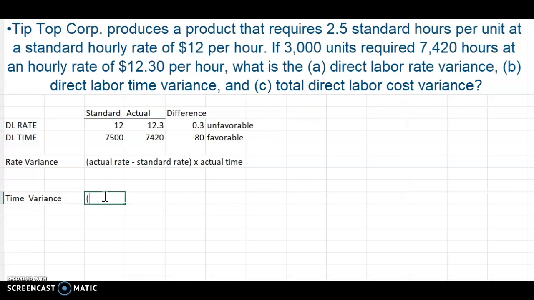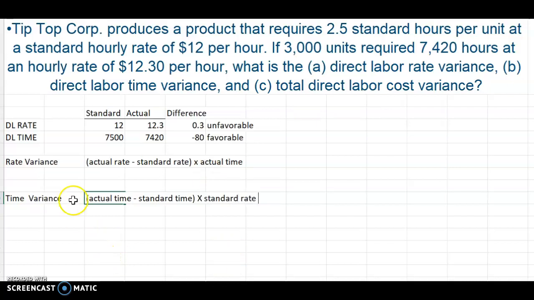So we're figuring time, so we're going to do actual time minus standard time. Since we're figuring time, we're going to multiply it by rate, and we've already used actual, so we're going to do standard rate.